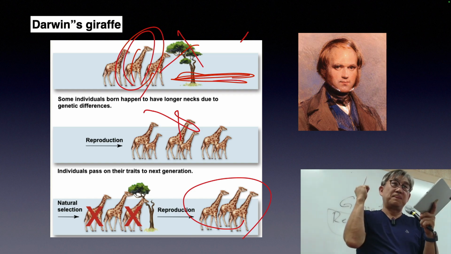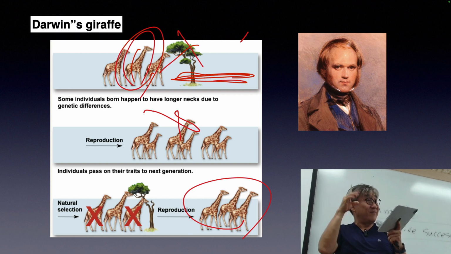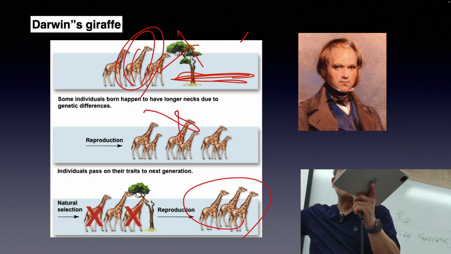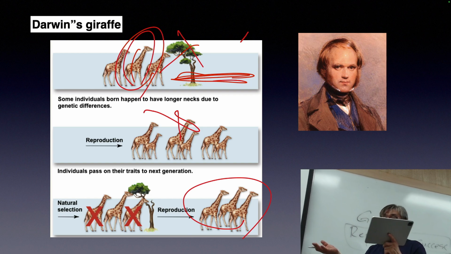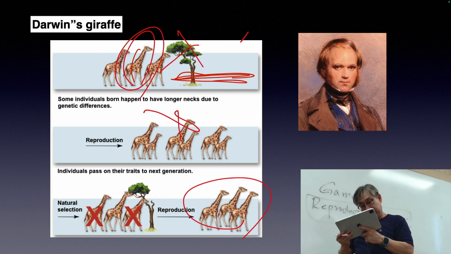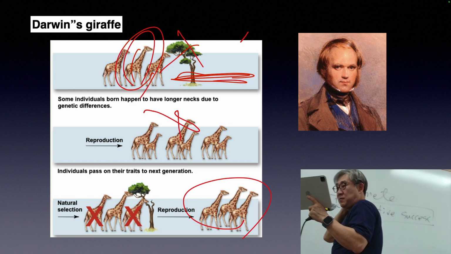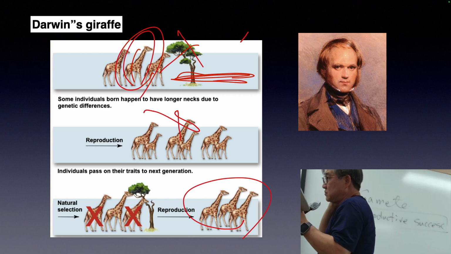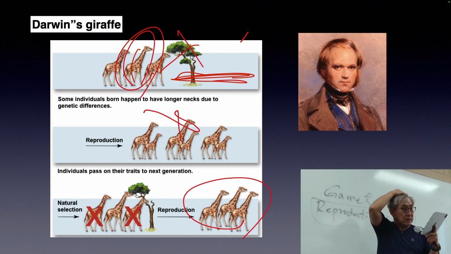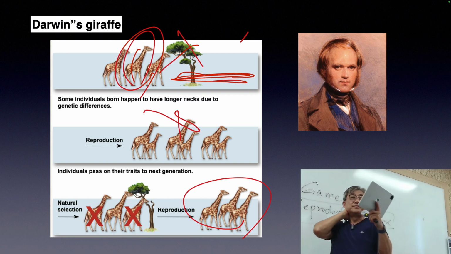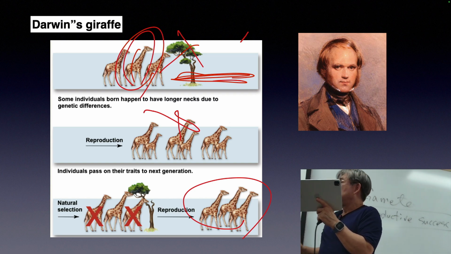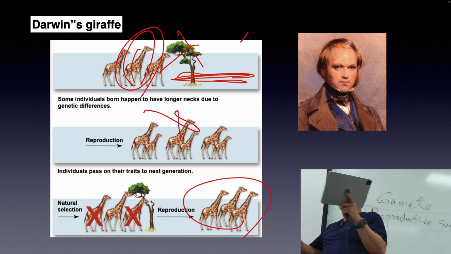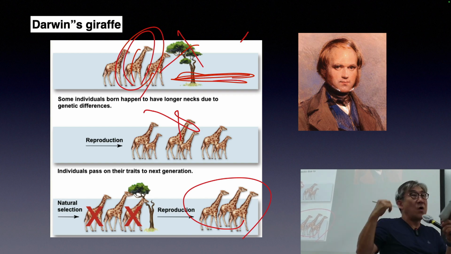Eventually, the trait that was initially selected for by nature in this process will dominate the entire population. That's what happened. It makes sense, a plausible explanation. That's why every biology classroom in schools teaches this version as the correct explanation for how natural selection goes.